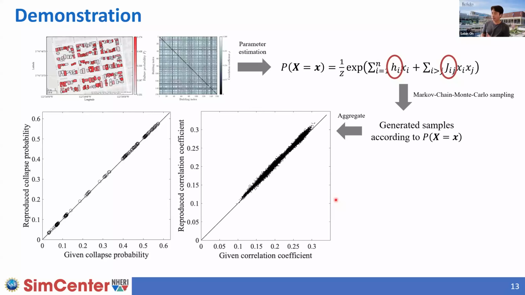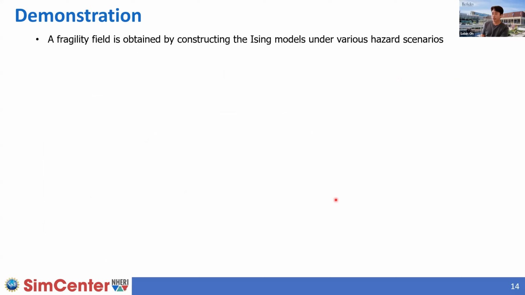But note that this Ising model describes the target region only under the specific given hazard scenario, and it is not a general model for the region. And fragility fields should not be limited to a specific scenario. So to obtain a fragility field for the target region, technically we need to construct the Ising models for various earthquake scenarios.